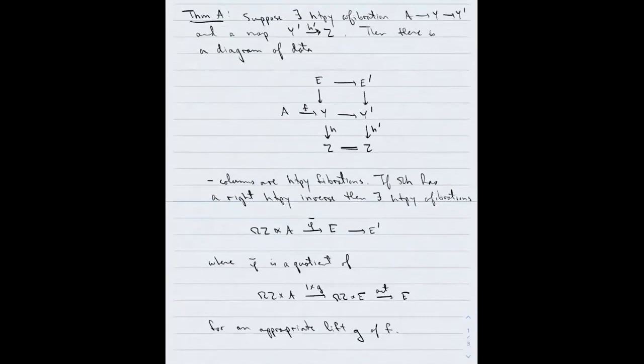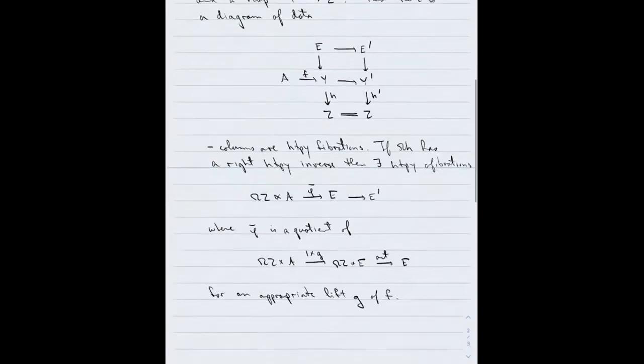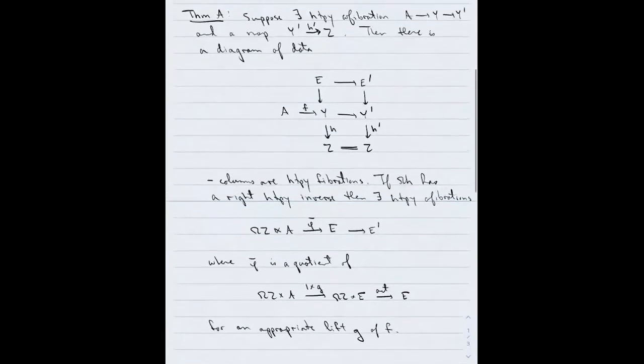So in the general scheme of things, you might think, for example, you know things about the space Y, and let's say Z as well. And then you're going to attach a cell to Y to get a new CW complex Y prime. And you'd like to know something about its homotopy type. And this fibration will tell you something, especially because it splits.